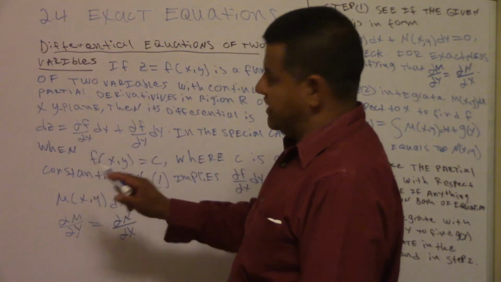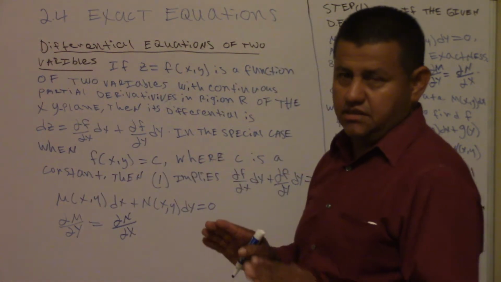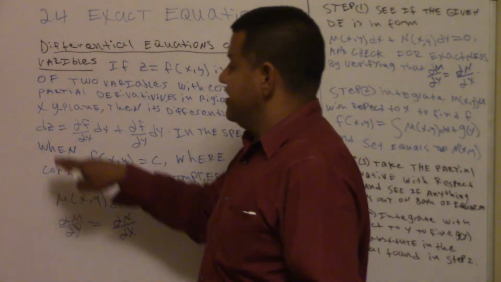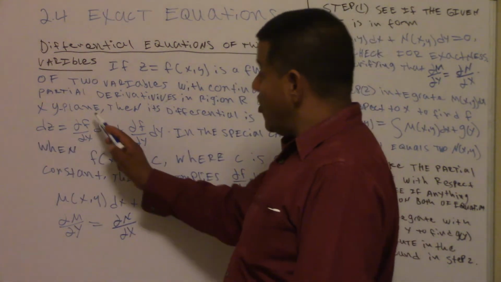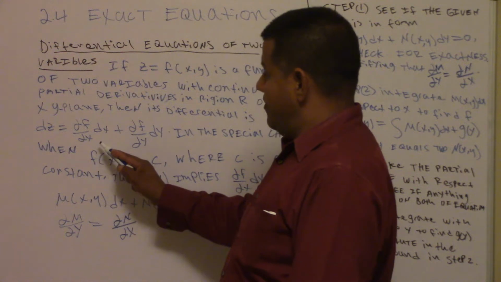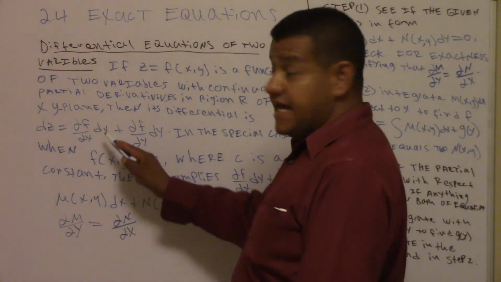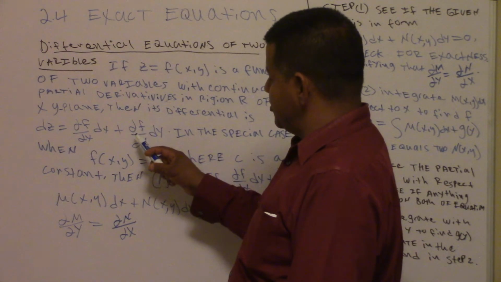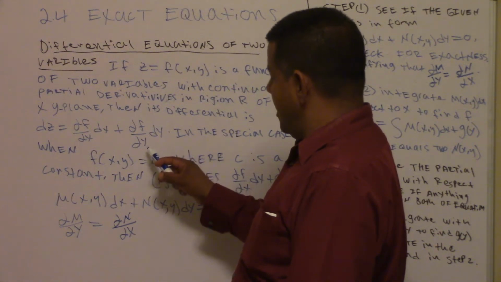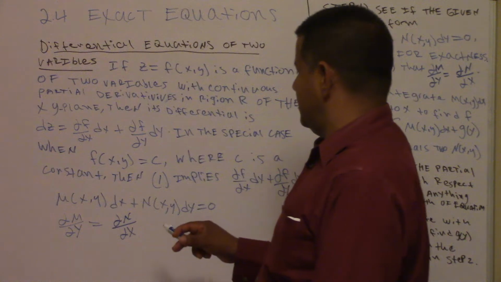Okay, let me read this again. dc is equal to partial f partial x dx plus partial f partial y dy, right?